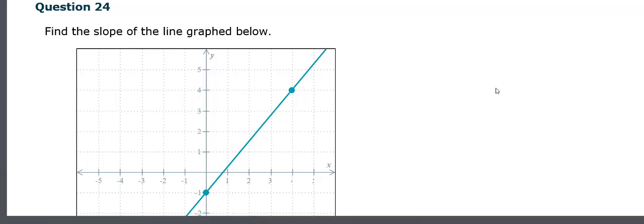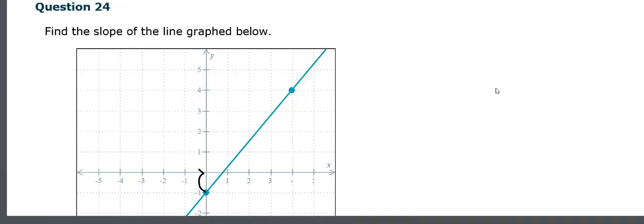We notice that this graph is increasing as we move from left to right, so we know our slope is going to be positive. It really doesn't matter which point you start at, but I'm going to start at the point (0, -1) and count. What's the change in the rise as I move from that point to the point (4, 4)?